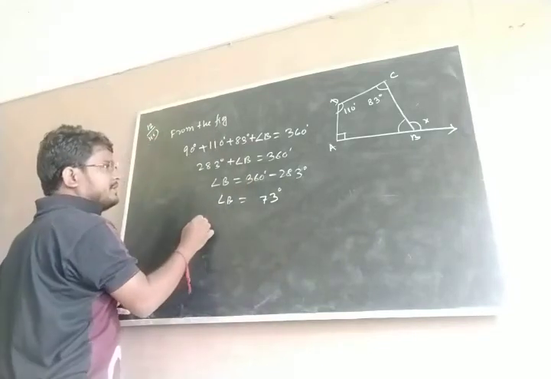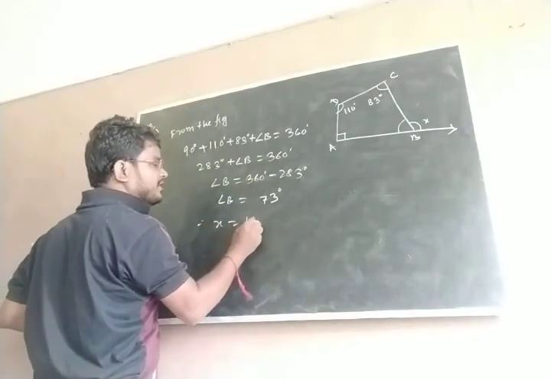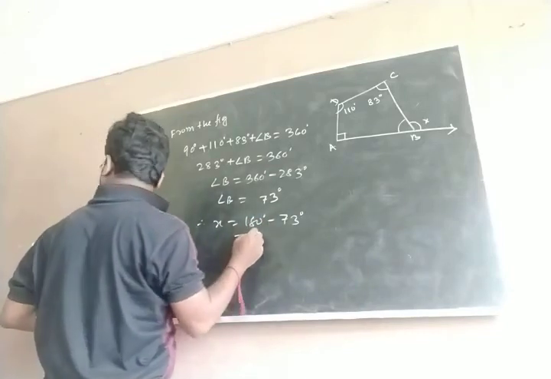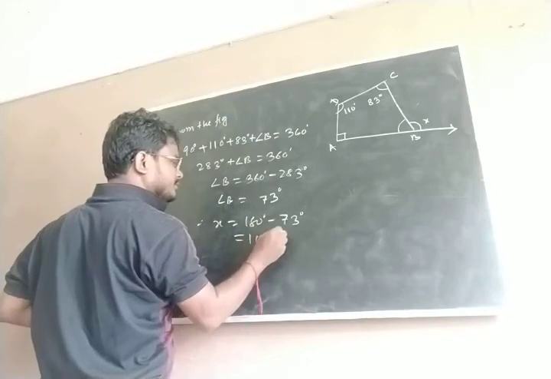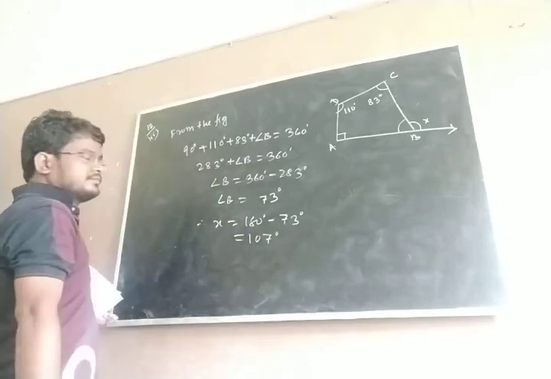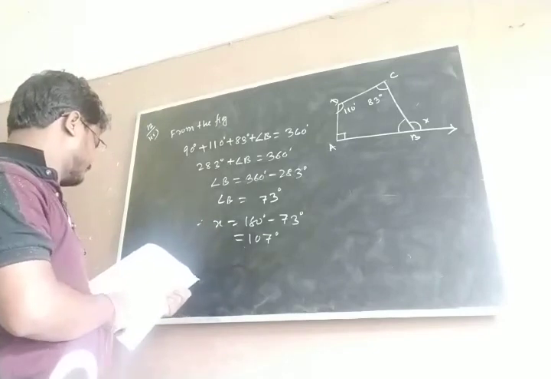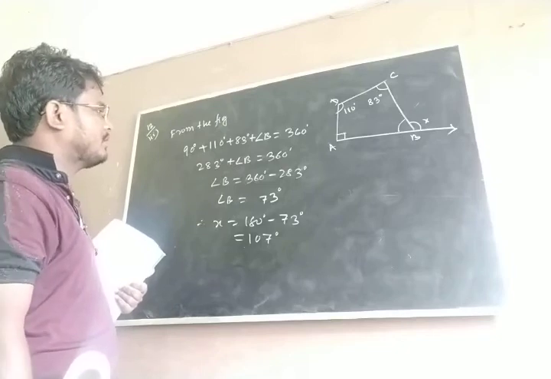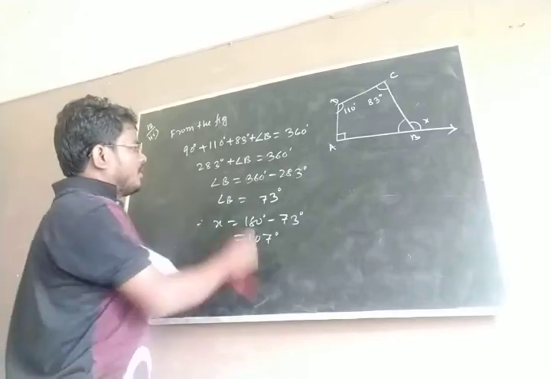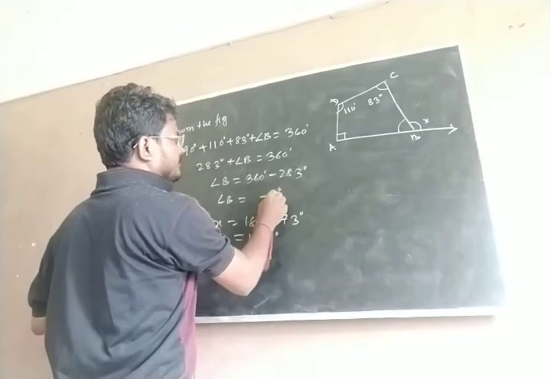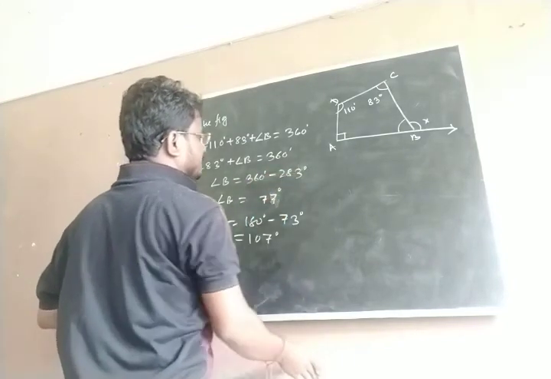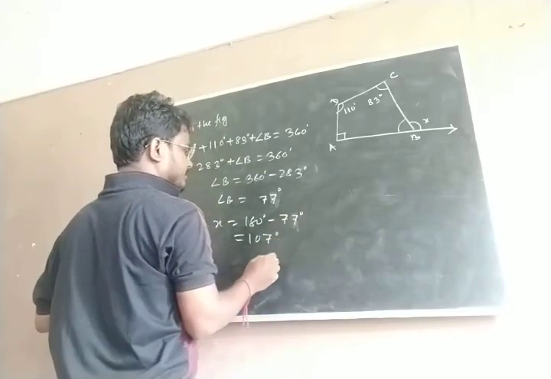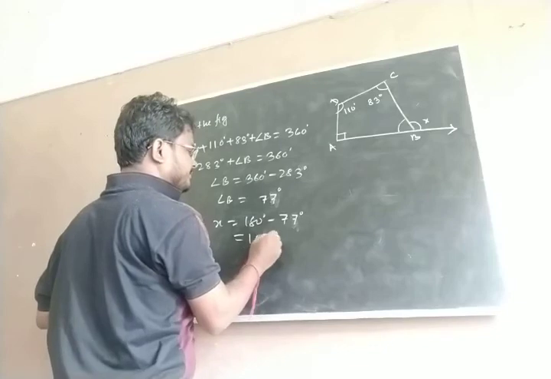If you find angle B, then x equals 180 minus angle B. How much? 107. So 77. Oh, it is 77, no? Yes, sir. 77. Then 103 degrees.